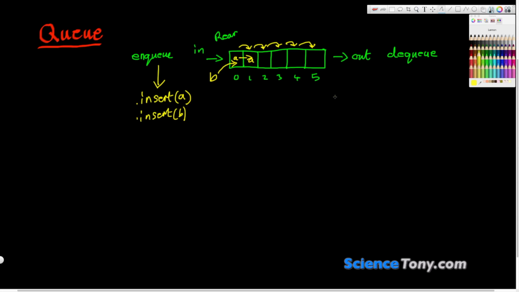When you want to remove something, you use dequeue, and dequeue is just going to use pop. So whatever is the last item in the list, which would be at -1, will just be popped out. So that's really the big difference.